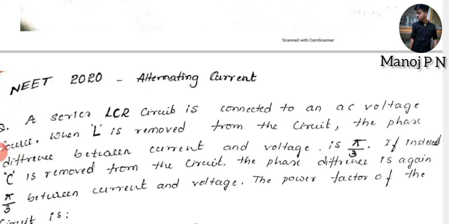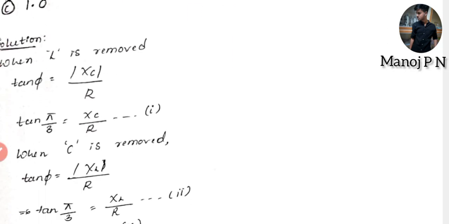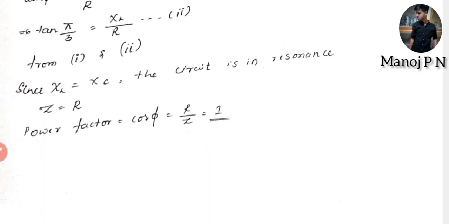In the second case, they remove C. At that time also the phase difference is pi by 3. So when we remove C, tan phi is equal to XL divided by R. Since the phase difference is pi by 3, tan pi by 3 is equal to XL divided by R. Take this as equation 2 and compare both equations 1 and 2.